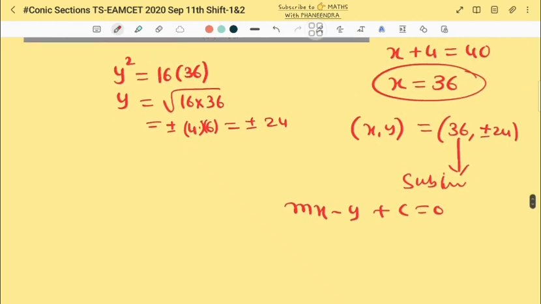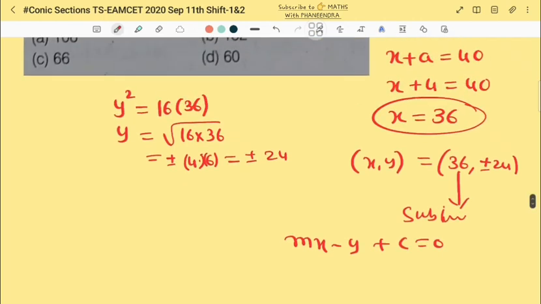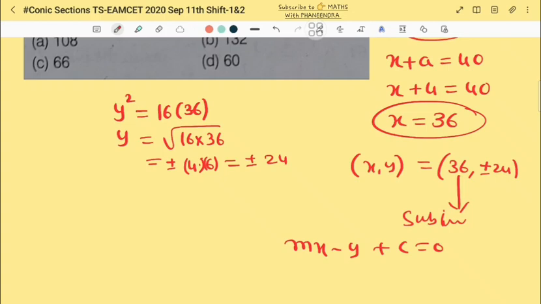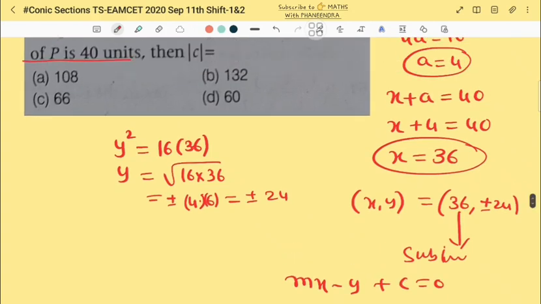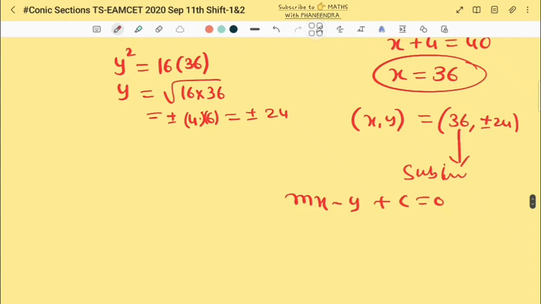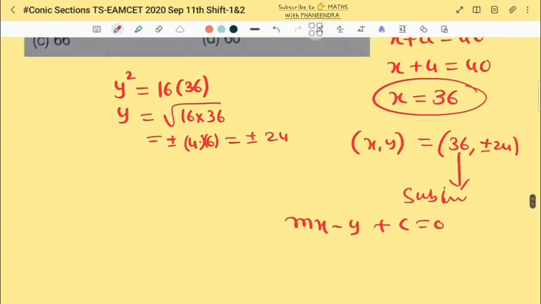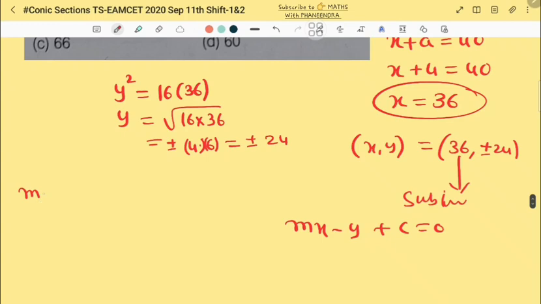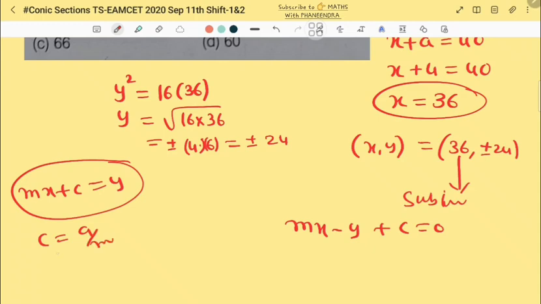Here that is also a point now. So we know the line is mx plus c is equal to y. Suppose it is a tangent, c is equal to a by m only, the formula.